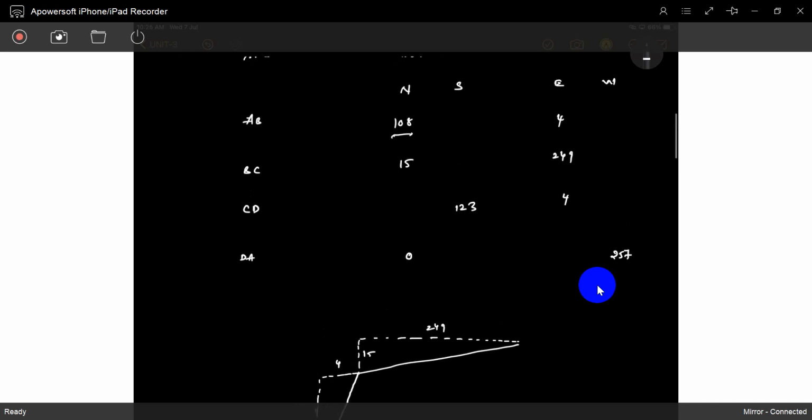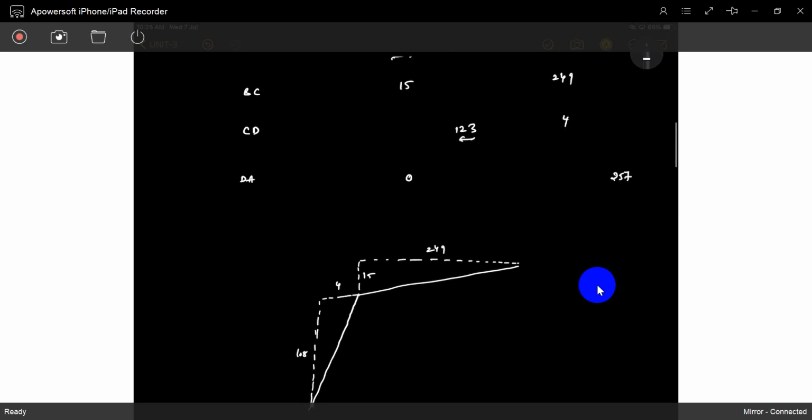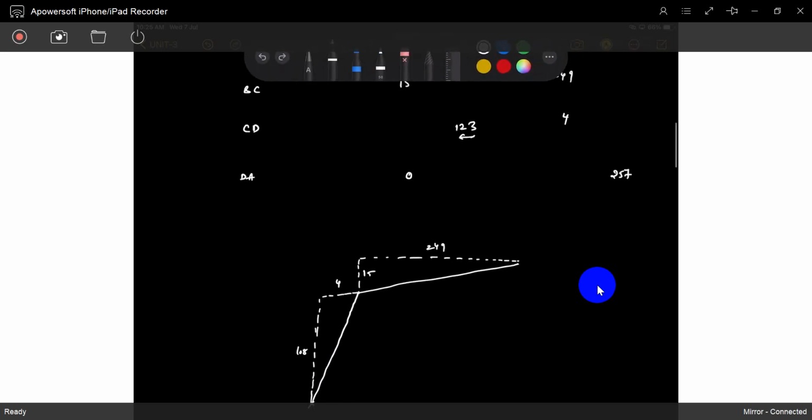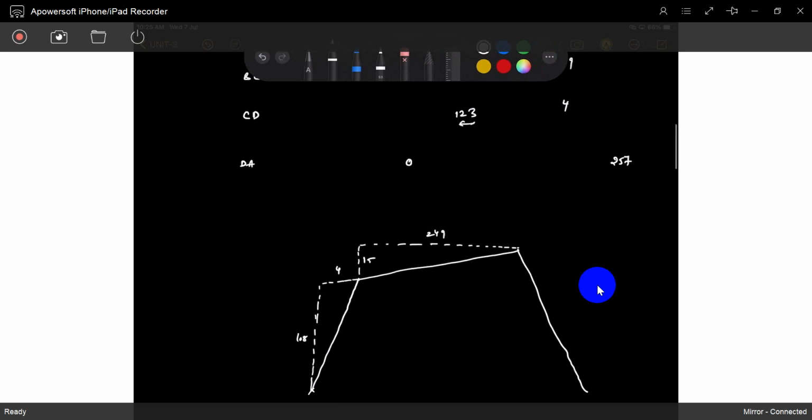So next is southwise 123, eastwise is 4. Again eastward, so it will come like this. Again eastward.